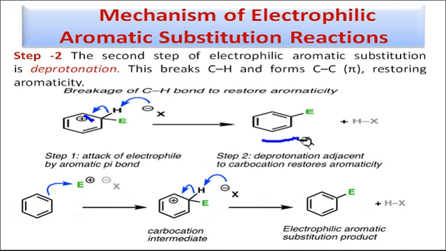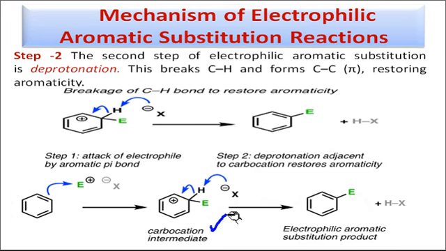So again I am repeating the whole mechanism. The electrophilic aromatic substitution reaction takes place in two steps. In the first step, the electrophile is attacked by the aromatic pi bond. In this step, the electrophile attacks that carbon atom, and due to this attack, formation of the carbocation intermediate takes place.